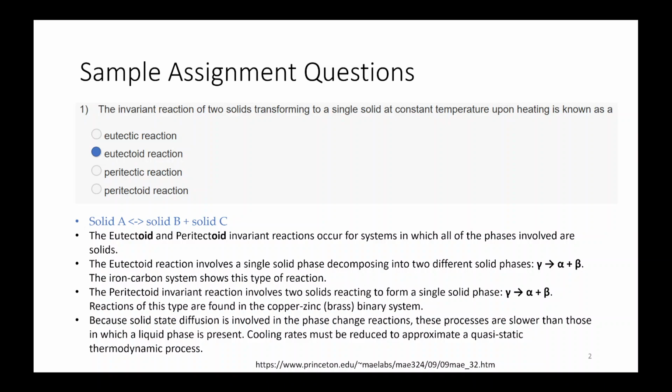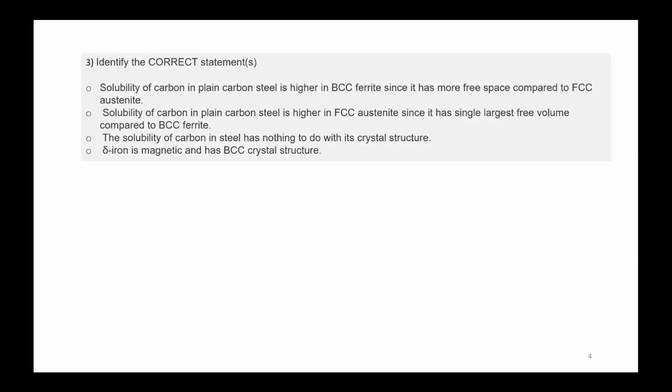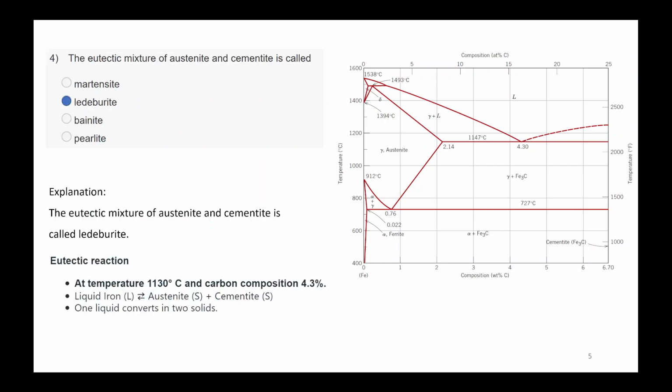Ma'am, also in that phase transformation diagram, when we are increasing the cooling rate, the order is given in the diagram. First it will be coarse pearlite, fine pearlite, featherly bainite and coarse bainite. So why is this coarse bainite coming at the bottom? It should be at the top, isn't it?